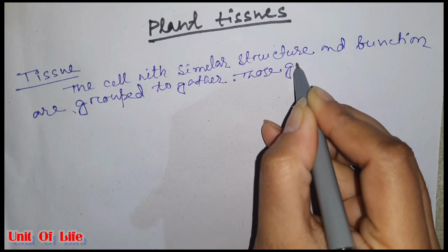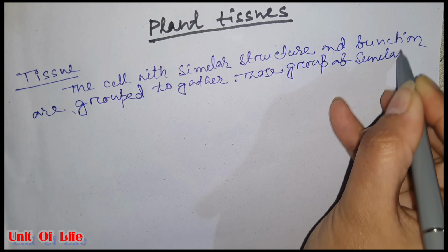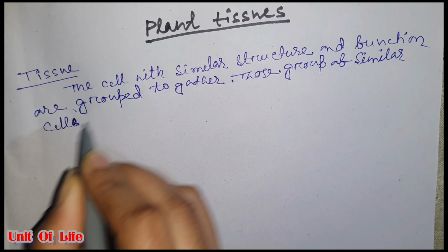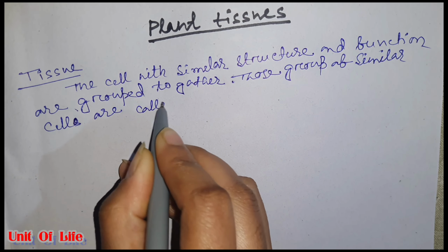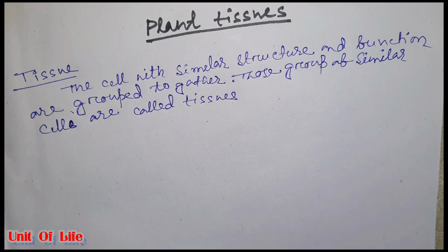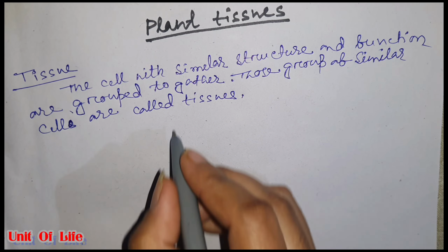In multicellular organisms like plants and animals, a particular function is carried out by a group of cells together. In this chapter, we will learn about different types of plant tissue and their functions.